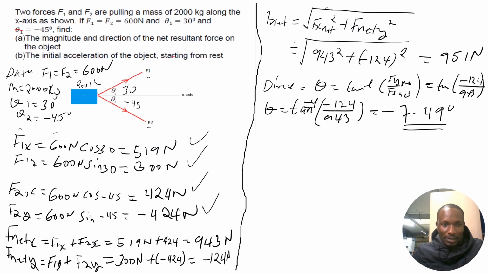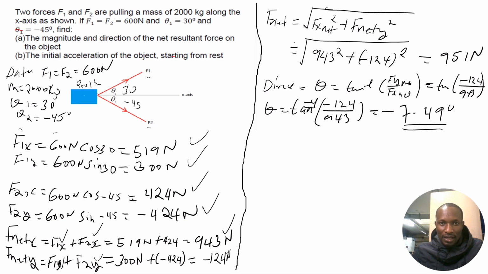And then we look at the sum or the net force in the X component, which is F1 plus F2, which gives us 943. And we also look at the net force in the Y component, which is the sum of all the Y forces, F1Y plus F2Y, which gives us minus this.